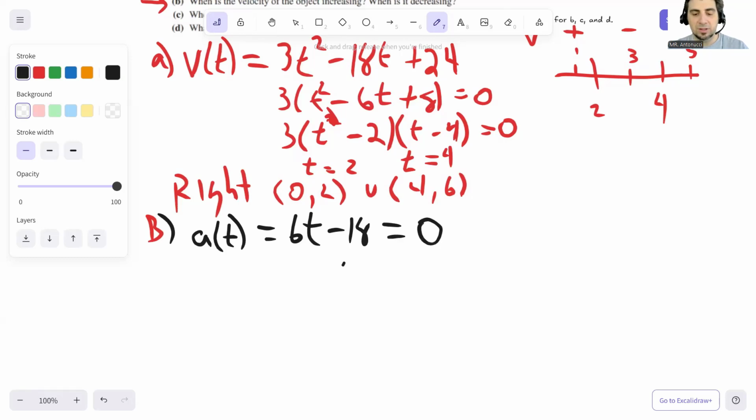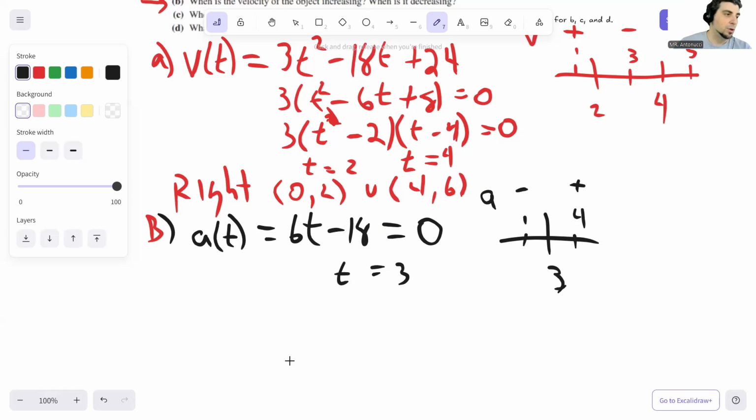Again, set that equal to 0, and you'd have t equals 3. We can make a chart here and plug in values on either side of 3. Any number before 3, the acceleration is going to be negative, and any number after 3, the acceleration is going to be positive.